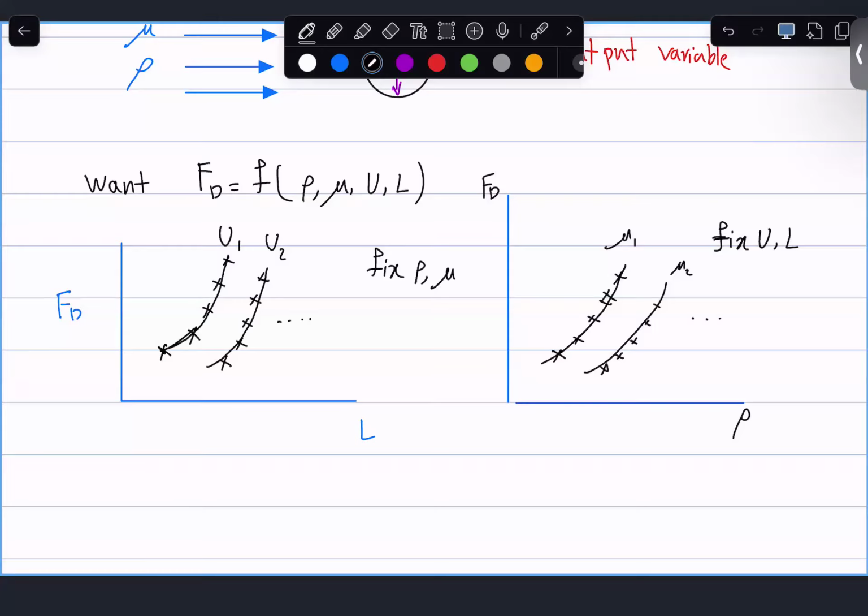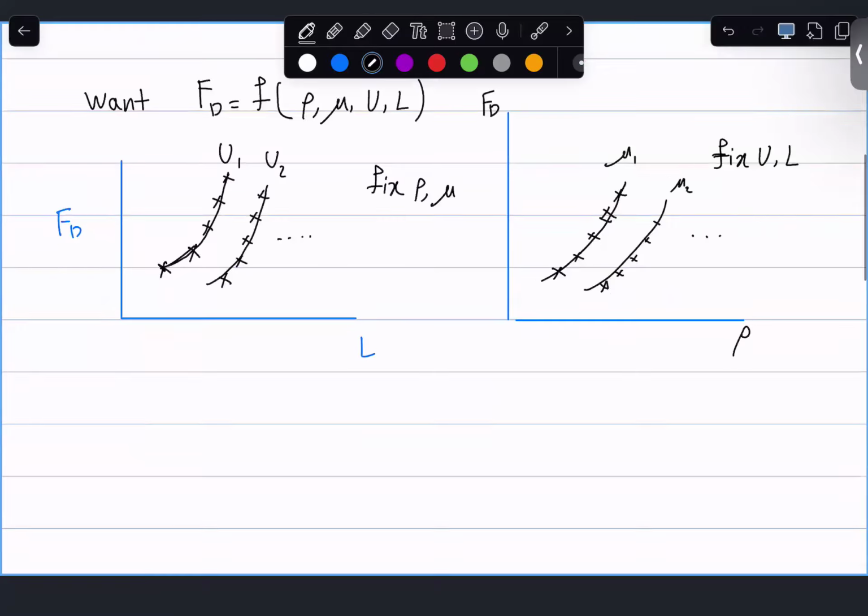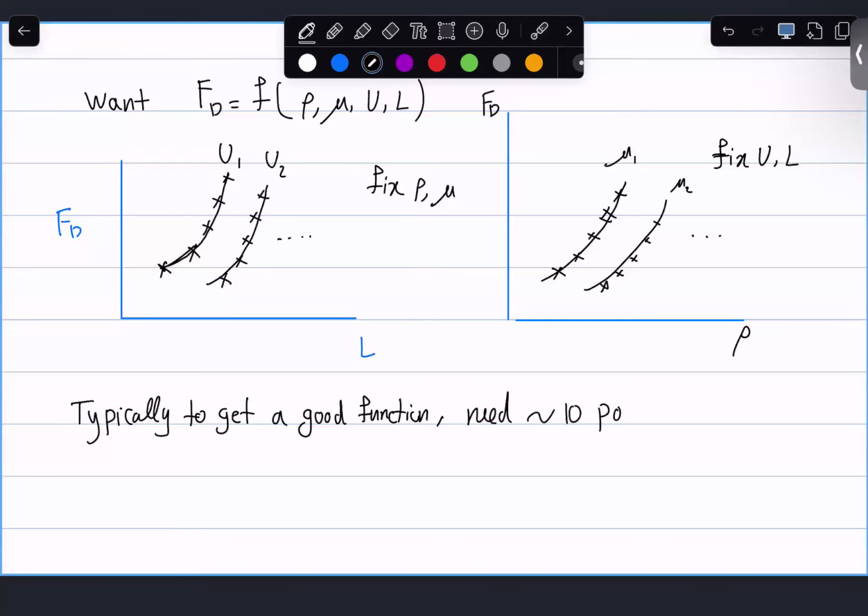And typically, to get a good function, we need around 10 points.